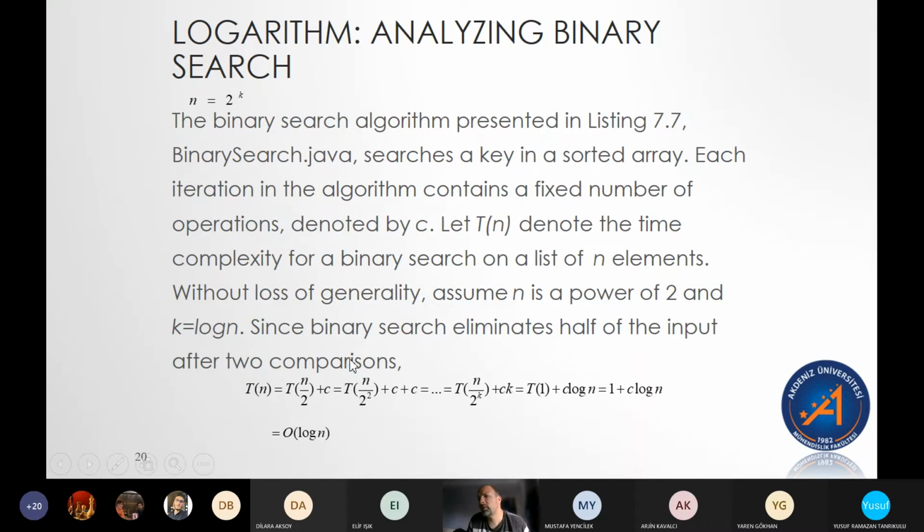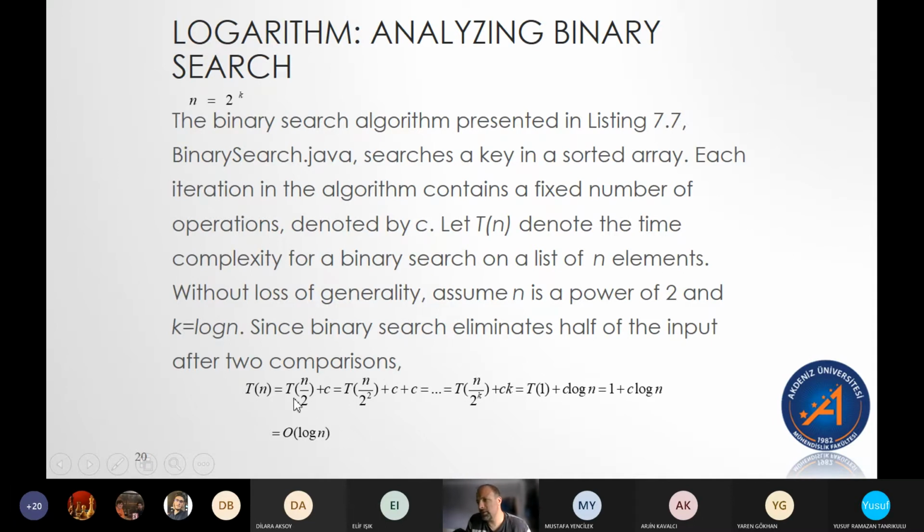And this is how we would look at it: the time to search through n items for binary search is equal to the time to search through n over 2 items plus some constant value. It's a lot of math, and you'll learn more about this in your algorithm and data structures courses.